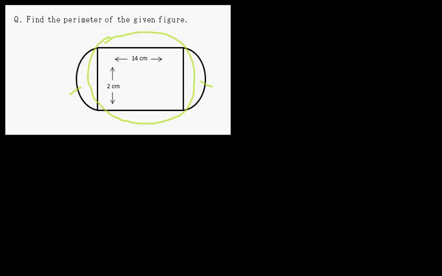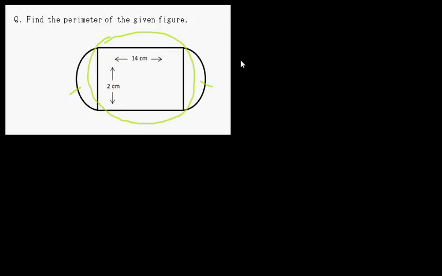Now remember that a perimeter is different than the area in the sense that the area is the space covered by any object, but the perimeter is the outer boundaries of a shape, which means the boundaries that we can see.